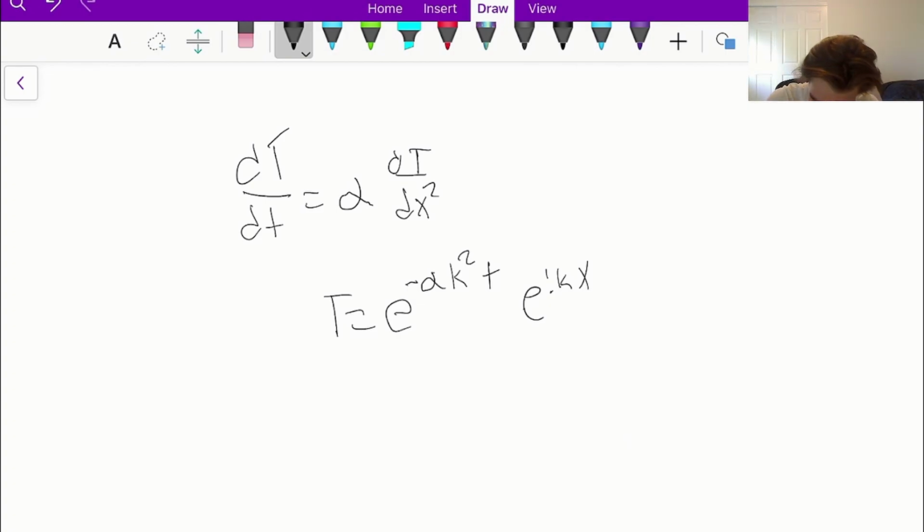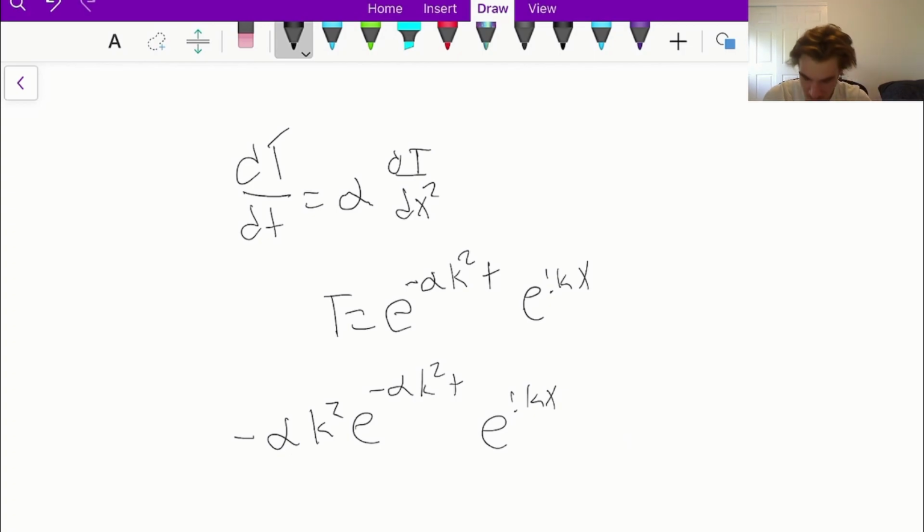The first part comes out, so we get negative thermal diffusivity times k squared, and then e to the negative alpha k squared t again, and we keep the e to the ikx on that side as well.